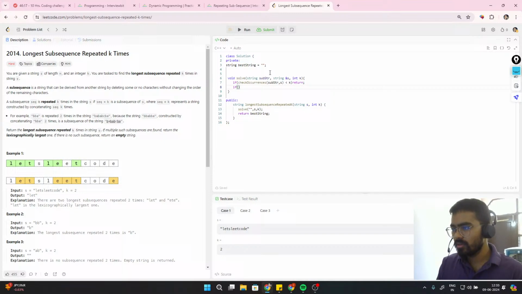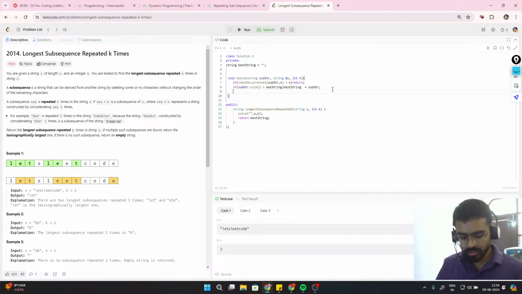If substr dot size is greater than my best string, then best string will be equal to this substr.